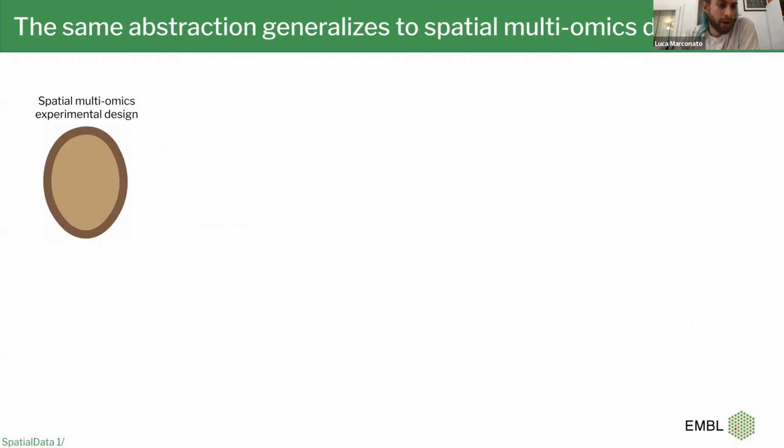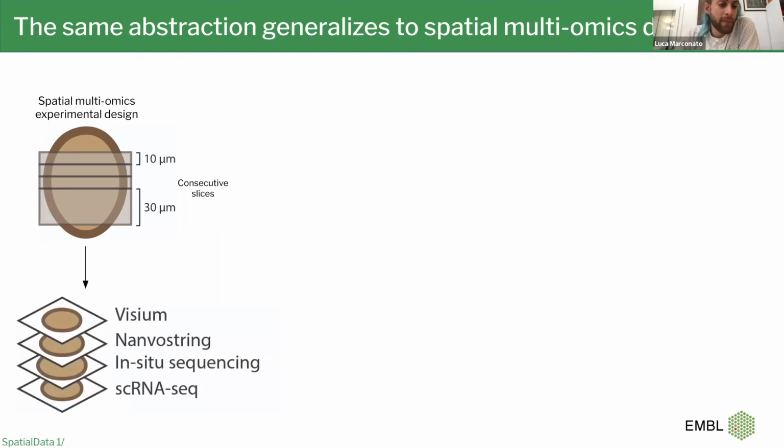Usually you have a sample, and then you take some consecutive slices of this sample, which can be of different thickness, and then for each of them you use a spatial method. The topology of a sample can be slightly different because of natural deformation, but it is more or less the same, and you can proceed with different spatial or even sometimes non-spatial data for the analysis.